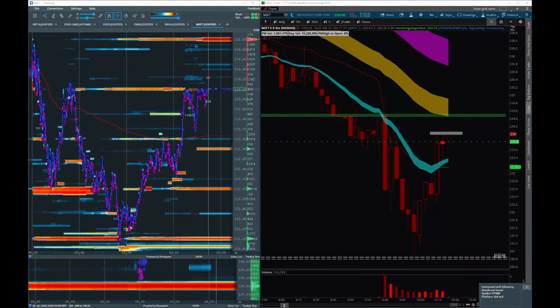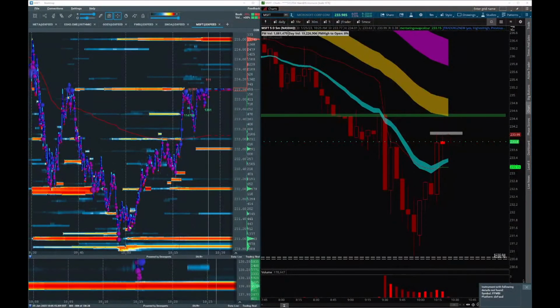Okay, so here we're going to look at Microsoft. We had over here the gap, as I said, an over under. And we're going to look right now for that fake out or 235. Okay.